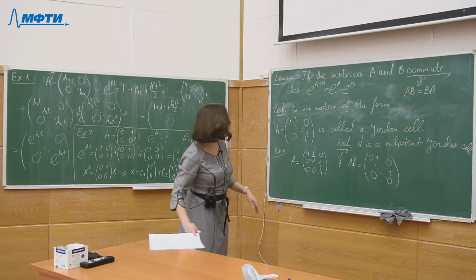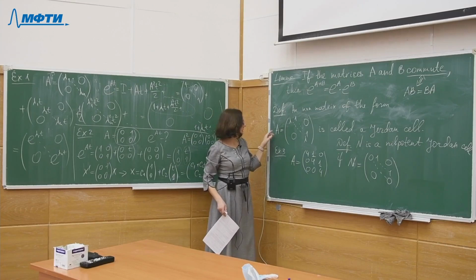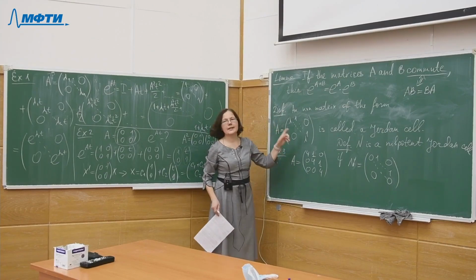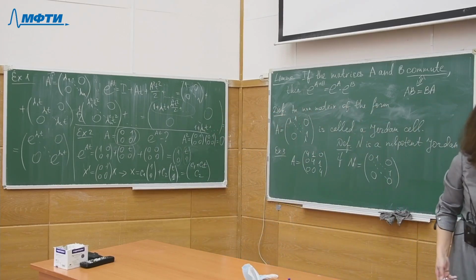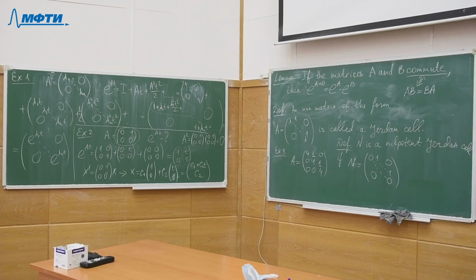And now I want to show how to find the exponent of the matrix A of a Jordan cell. This will be stated as a lemma. But I will start with the proof of the formula, and after this I will formulate this formula as a lemma.